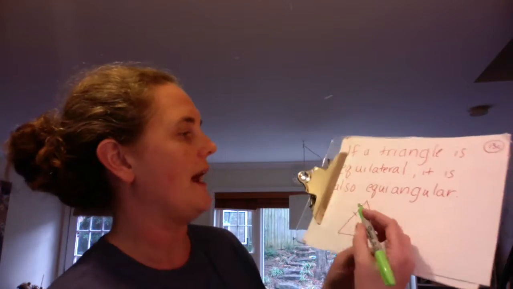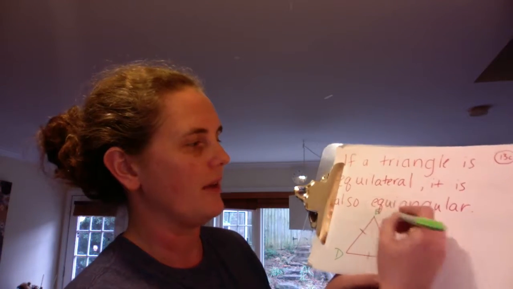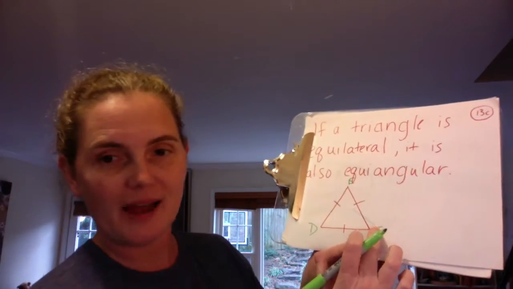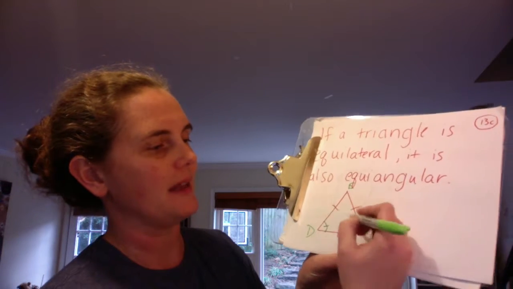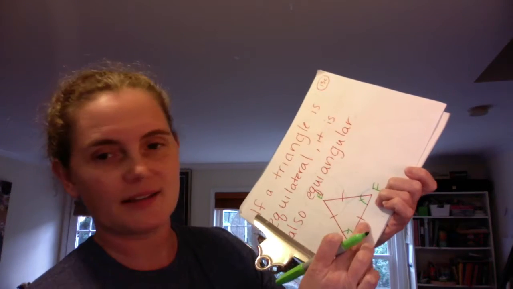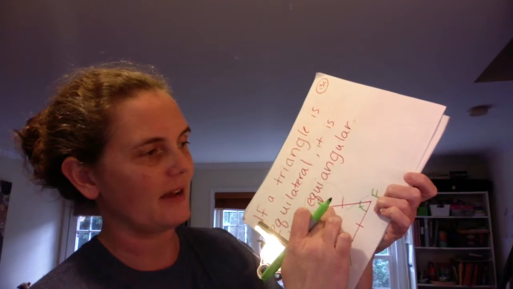So let's look at this one, we'll just call it DEF also. If you're looking at those two sides, then you know, because of the last theorem, that the angles opposite them are equal. But let's turn it a little and consider these two sides instead. Then we know that that angle is equal to this angle.